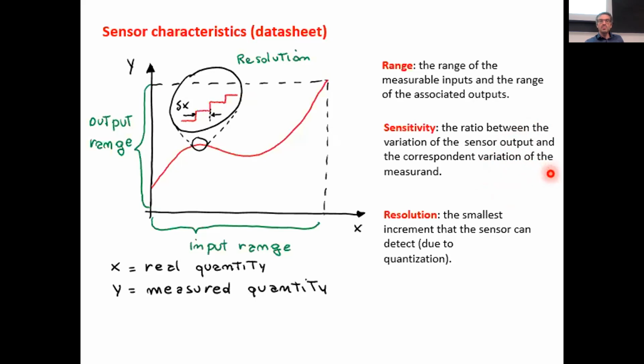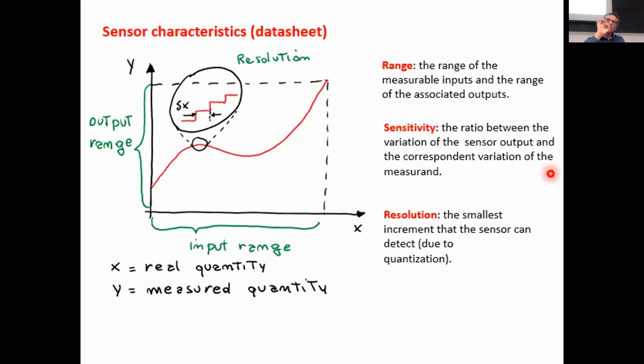And resolution is the smallest increment that the sensor can detect due to the quantization. We'll see afterwards what quantization is. So for example, for an encoder that has 16 bits, you can compute the resolution by dividing 360 degrees by 2 to the power of the number of bits, 2 to the power of 16.